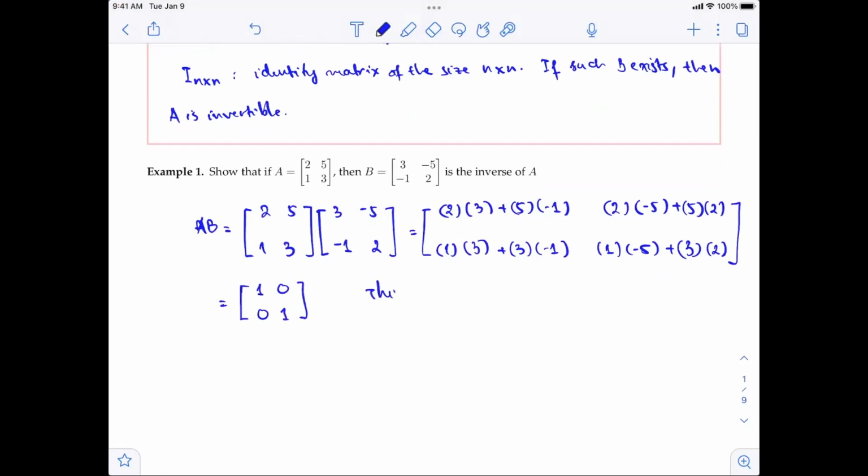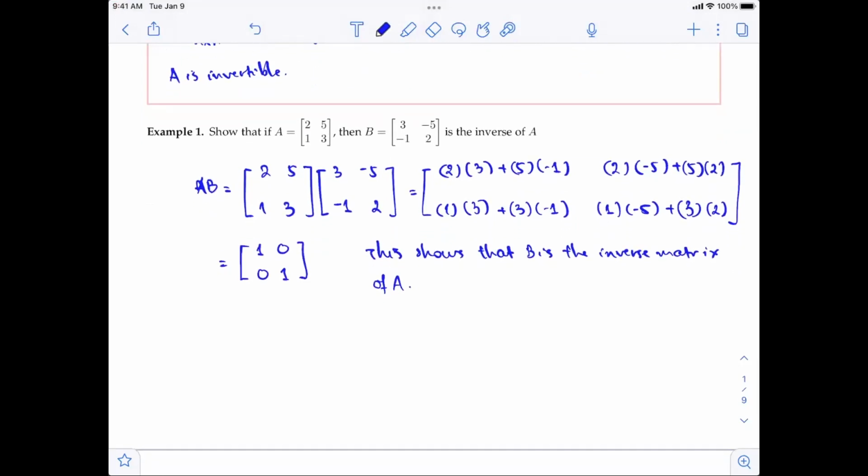So this shows that B is the inverse matrix of A. As a matter of fact, A is also the inverse matrix of B. If you do the calculation B times A, you will see 3, -5, -1, 2 times 2, 5, 1, 3, and you are also going to obtain the identity matrix, 1, 0, 0, 1.